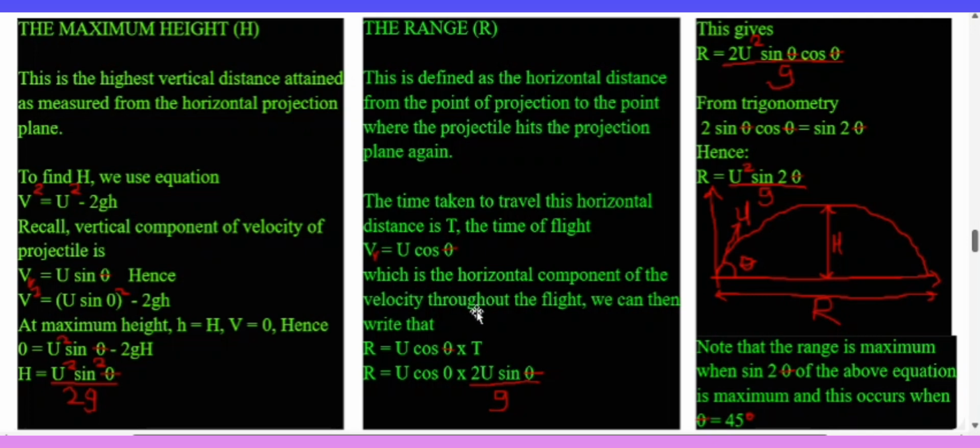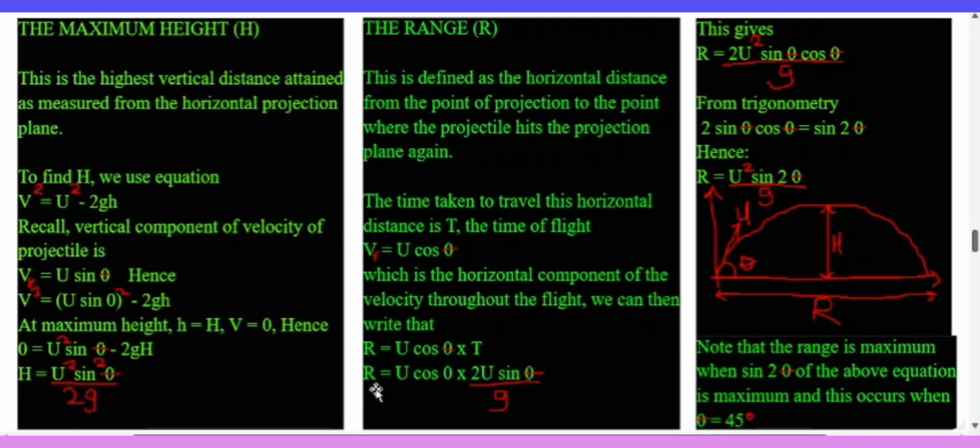All right, we can then write that our range, don't forget, is distance. Distance is equals to velocity times time. So for our distance, which is our range, R is equals to velocity, which is u cos theta, times the total time it took to go from the point of projection to the point where the object hits the projection plane again.